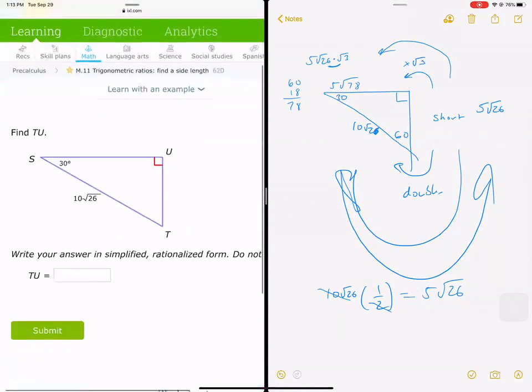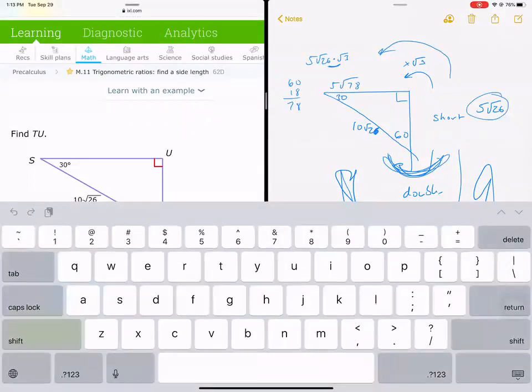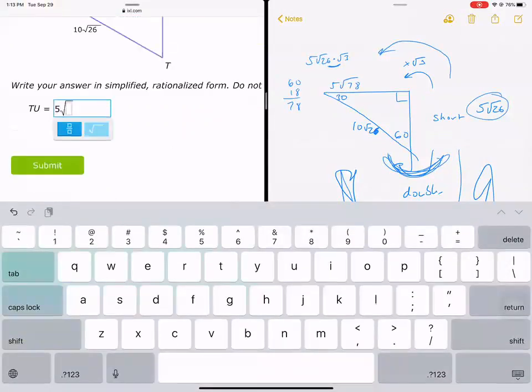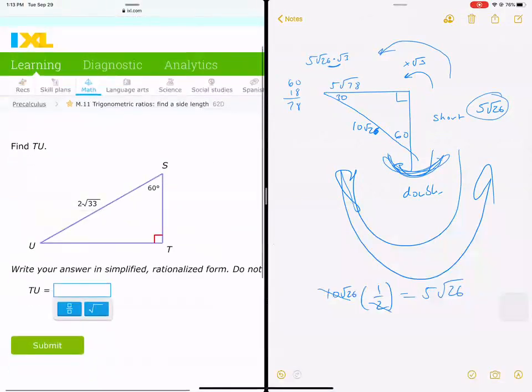They wanted TU. So TU is going to be 5 square root of 26 because it's just half of the hypotenuse. How do we know that? It's a special 30, 60, 90 triangle, so we know the relationship for all three sides. Let's go ahead and write that answer. 5 square root 26. Booyah.